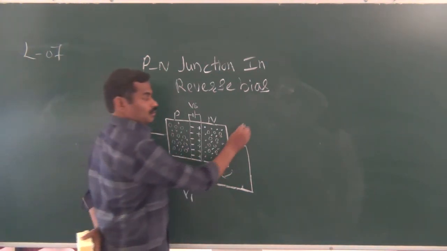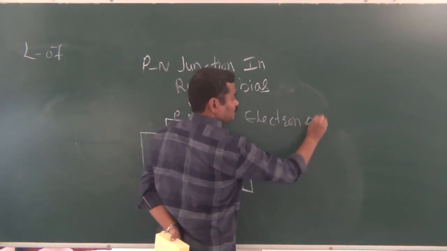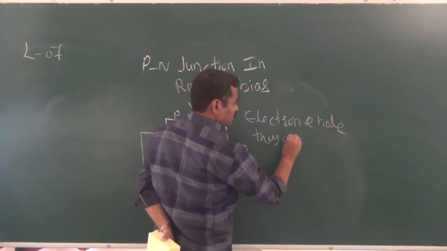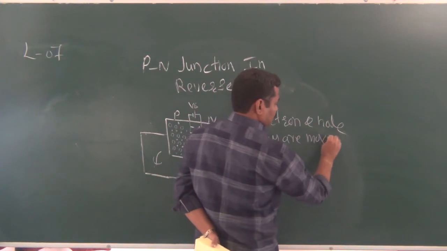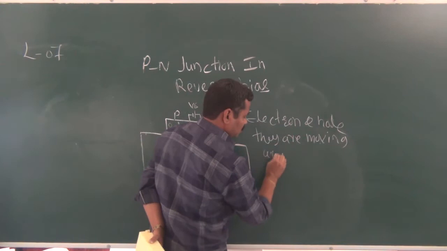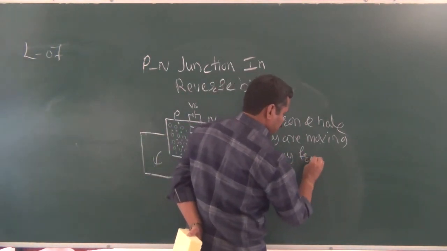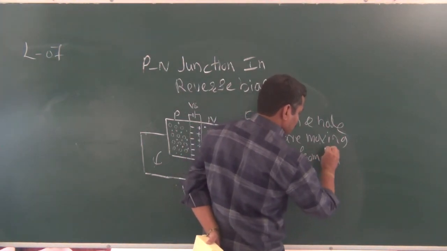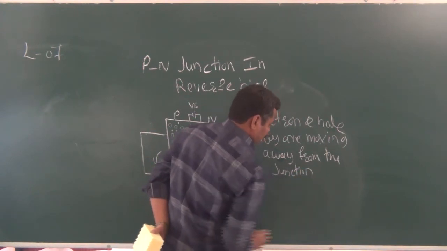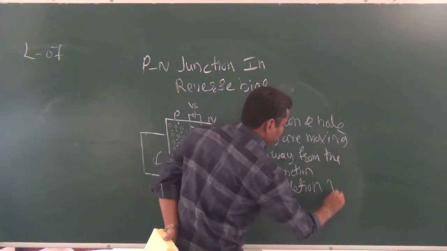The electrons and holes are moving away from the junction. Then what happens? The depletion layer increases.